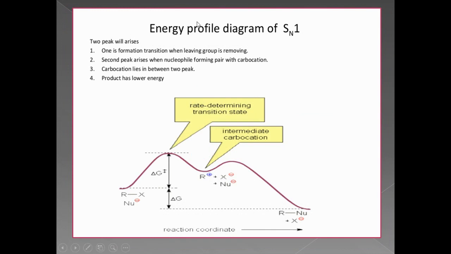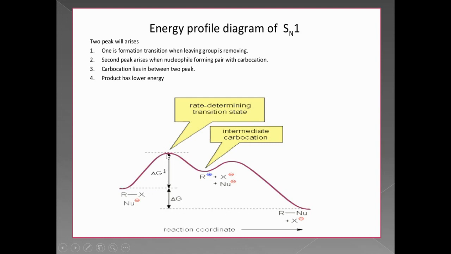Now we will focus on the energy profile diagram for this reaction, how the energy profile diagram moves. Here you can see the initial tertiary butyl bromide as the reactant, RX, the reactant which is present, and then the nucleophile which will attack. When they are independent, the position will be like this, shown by the dotted line.